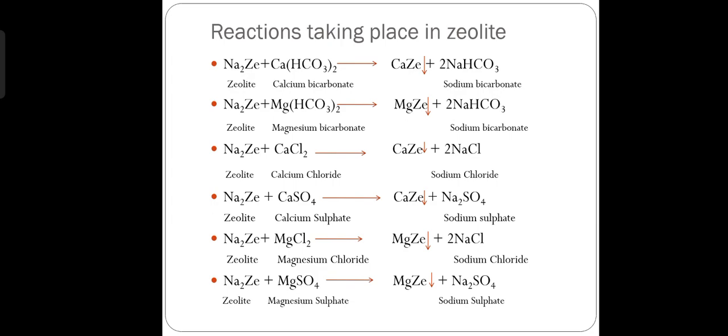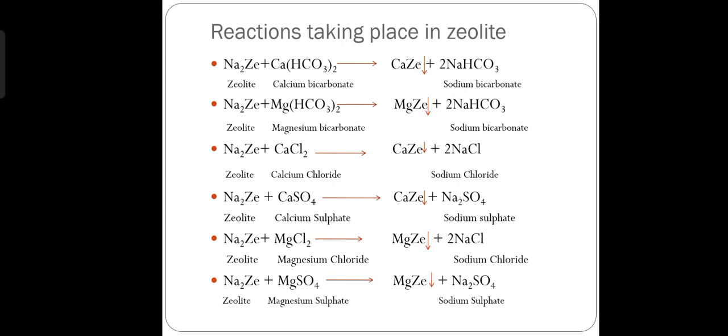Similarly, when magnesium bicarbonate, Mg(HCO3)2, comes into contact with the zeolite bed, it forms magnesium zeolite precipitate, MgZe. The downward arrow shows the precipitate formation. That is again retained on the zeolite bed, and the water carries the sodium bicarbonate along with it.